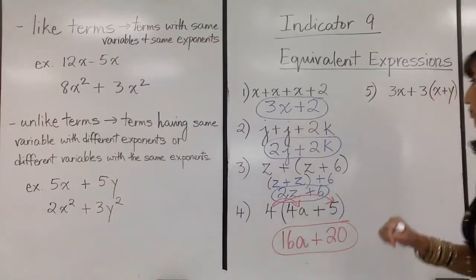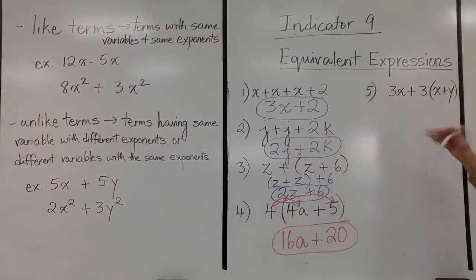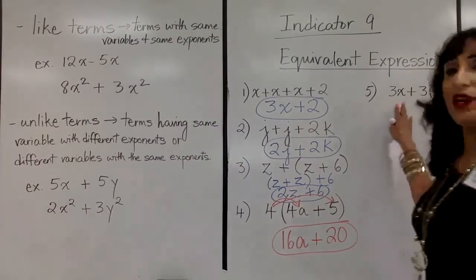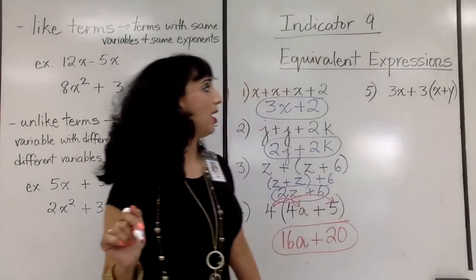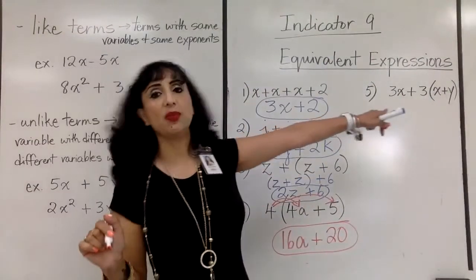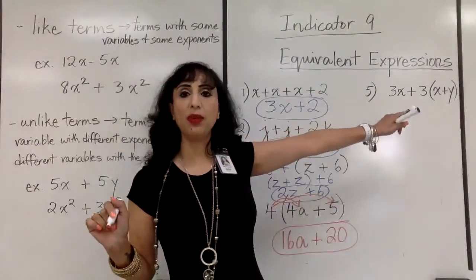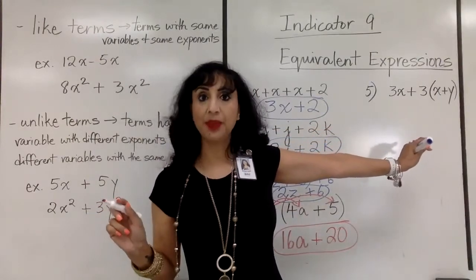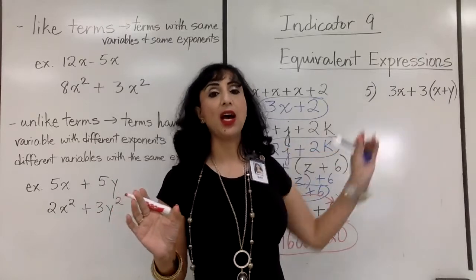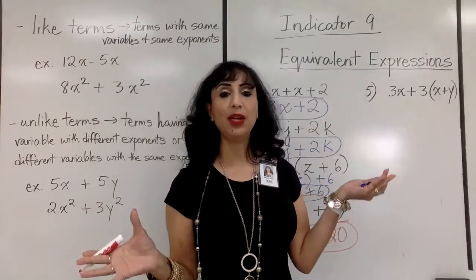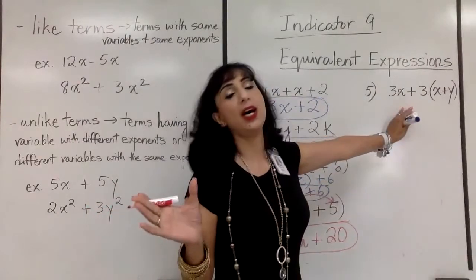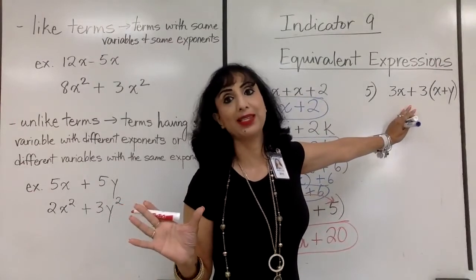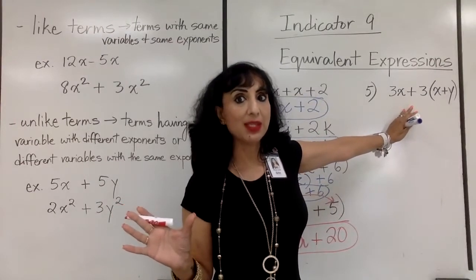Okay? And then this one here, so we have 3x over here, and then we have the distributive property over there. So we want to make sure, remember your order of operations, PEMDAS. We definitely do the parentheses first, but since we have different terms, that's not possible.